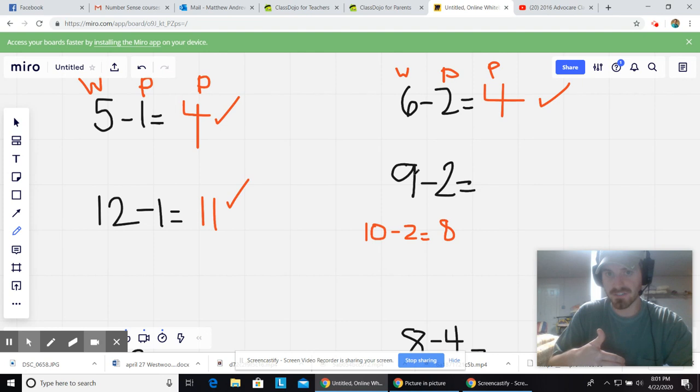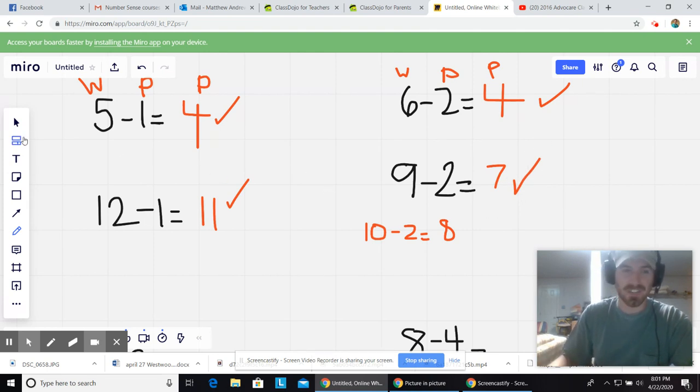If my whole is 1 less, and I'm taking 2 out, then my answer would have to be 1 less than 10 minus 2. So instead of 8, it'd be 7. Or you could think of it as 8, 7. So whichever one is easiest for you.